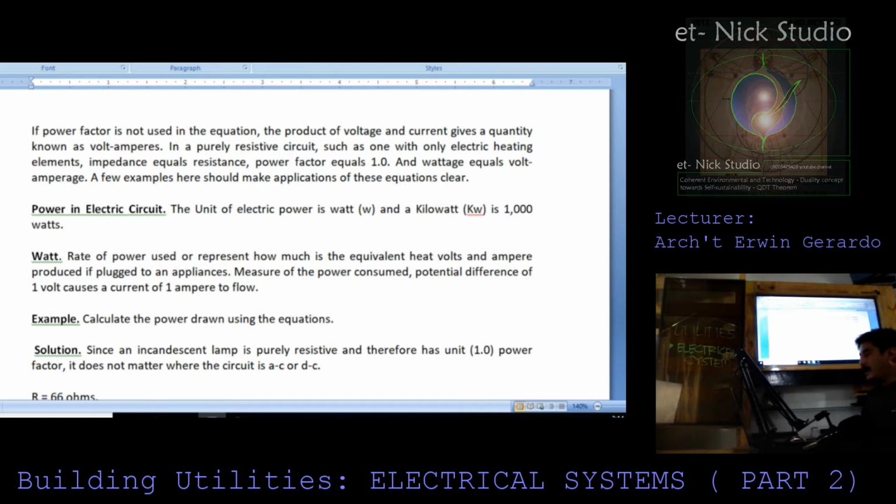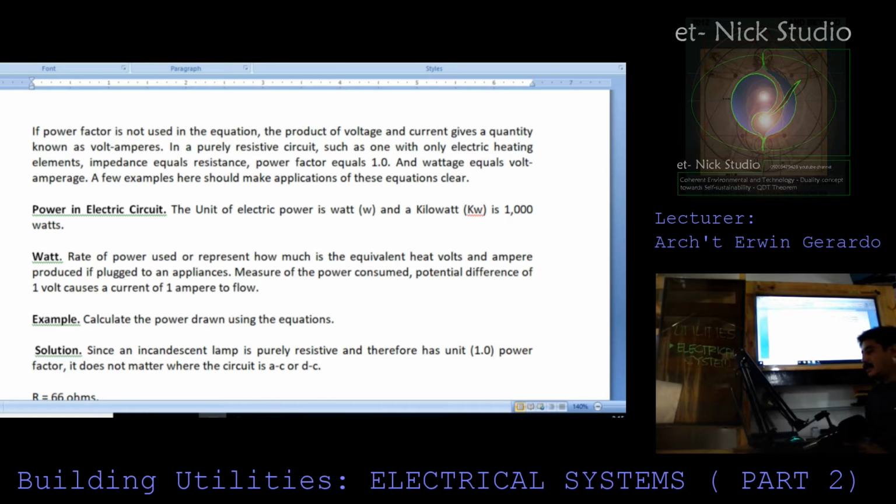In a purely resistive circuit, such as one with only electric heating elements, impedance equals resistance, power factor equals 1, and wattage equals volt amperage. A few examples here should make applications of this equation clear.